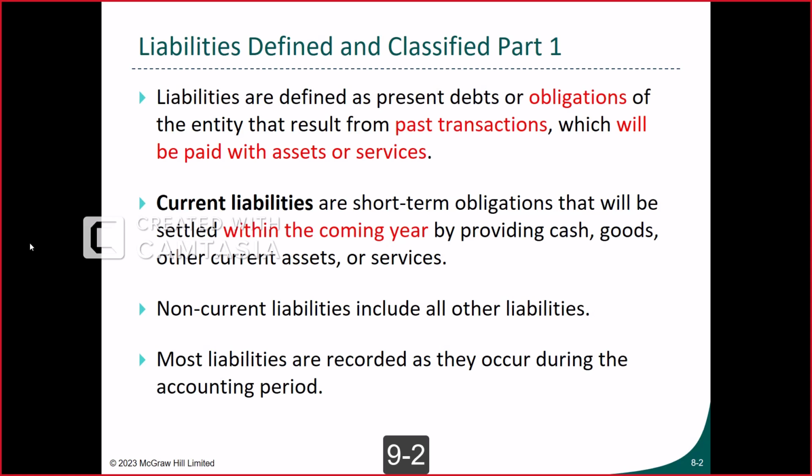Any obligation which is a debt, which results from a past transaction and which will be paid with an asset or service has to be recognized as a liability, no matter whether you have an exact, accurate amount of its value, or an estimated one. So the fact that we do not have an exact amount is not one of the criteria for an obligation to be required to be recognized as a liability.